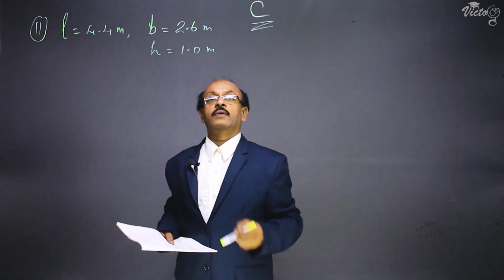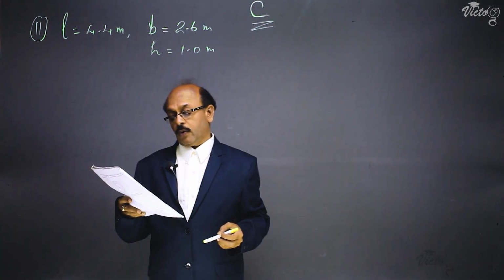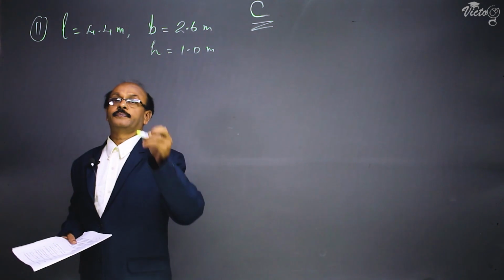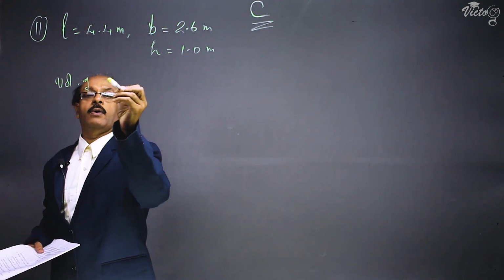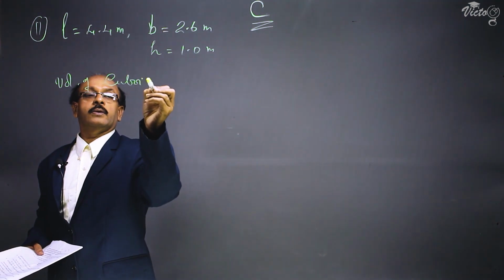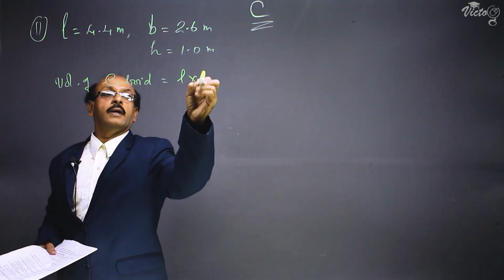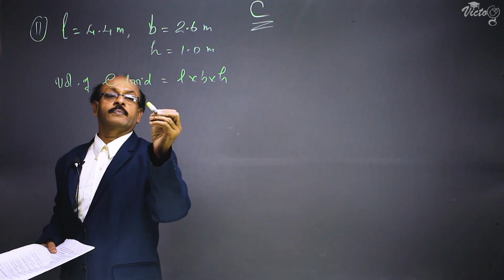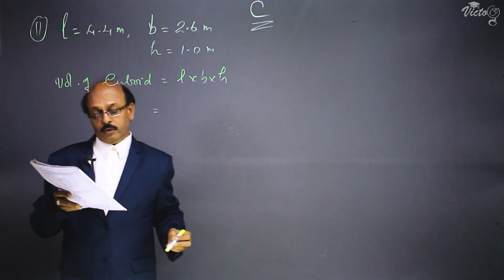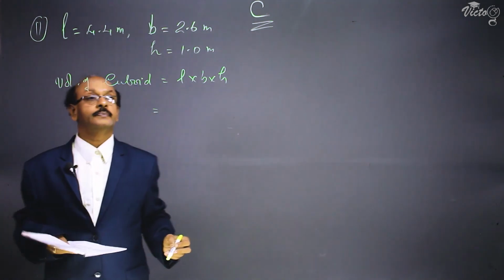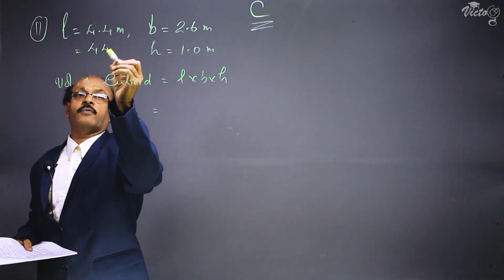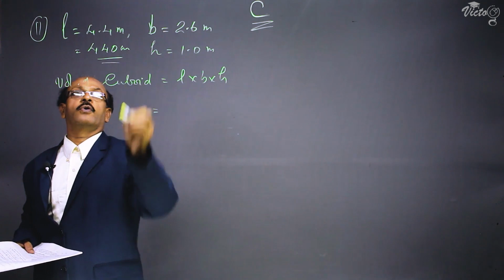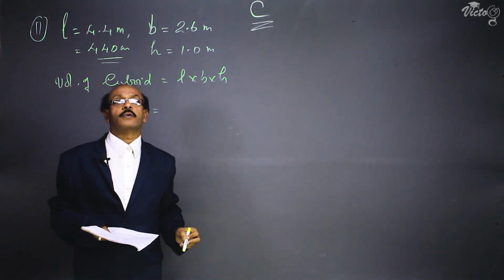Now we have to find the volume of the cuboid. Volume of cuboid. Formula: L into B into H, which is equal to, here we can convert it as 440 centimeter. 4.4 meter means 440 centimeter.